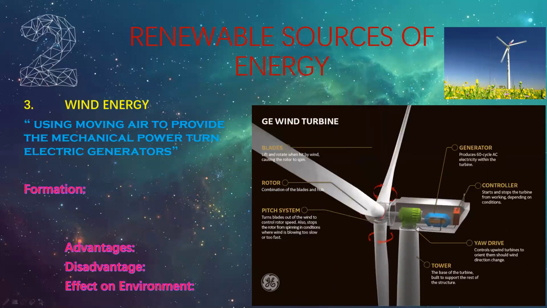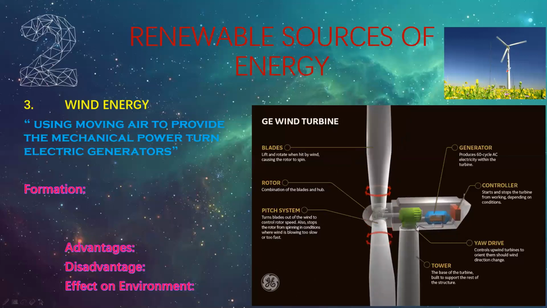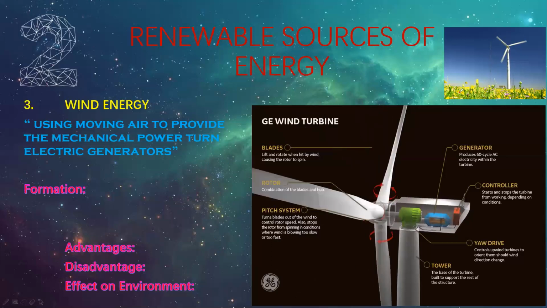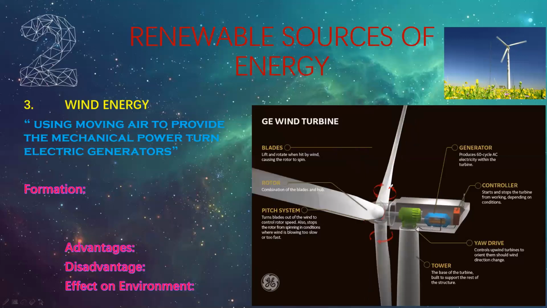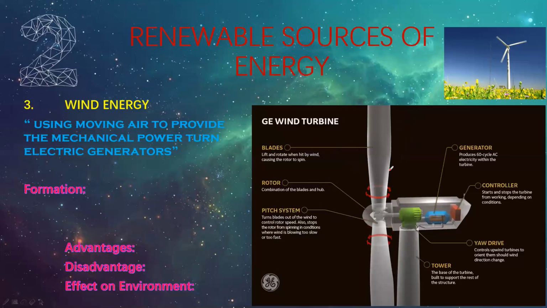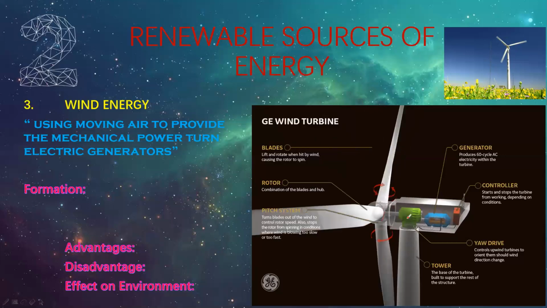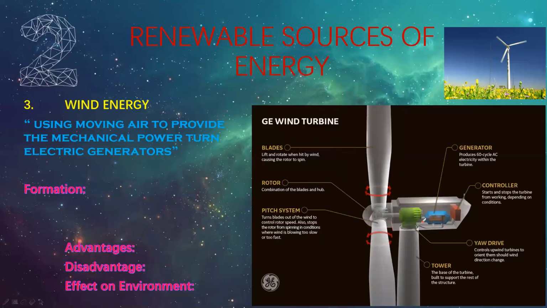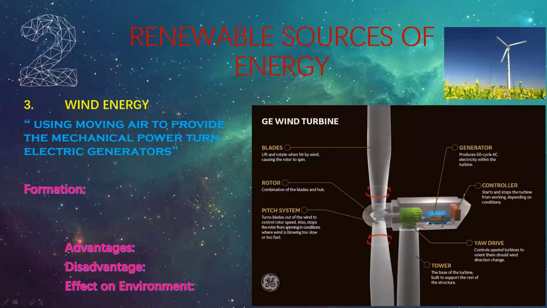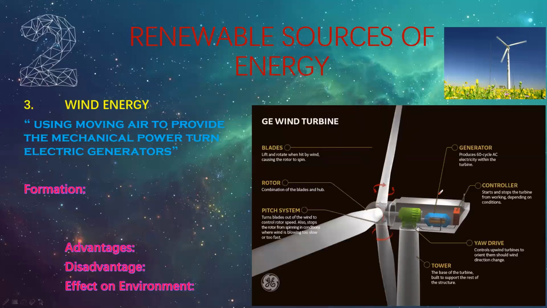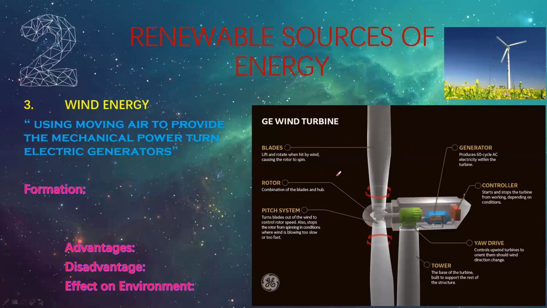This is the windmill. Now, you know that when the air is moving, it rotates the blades of the windmill. Now look what happens. This is then connected to what? It is connected to the generator, right? And then the generator is rotated. You see, look, then it produces electricity, and then that electricity is transferred.